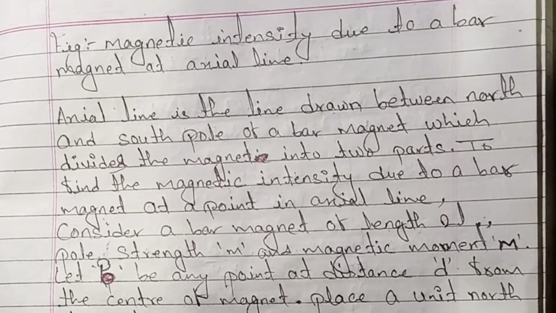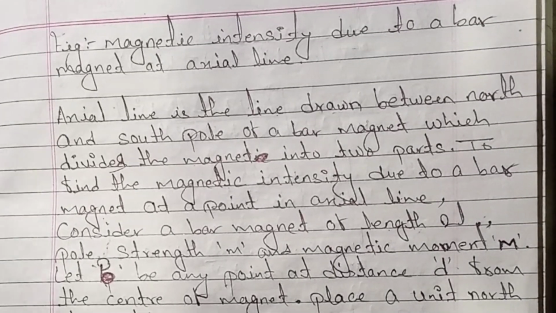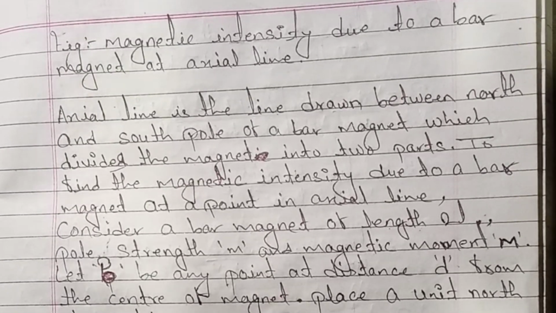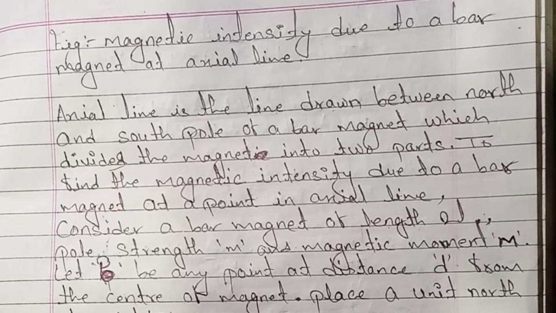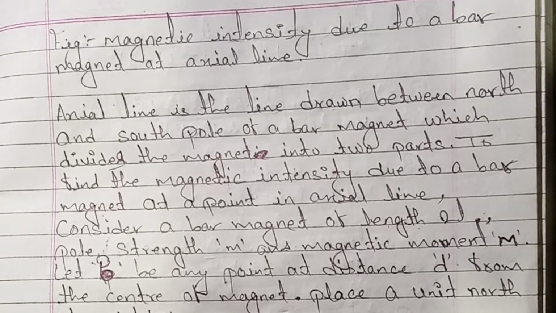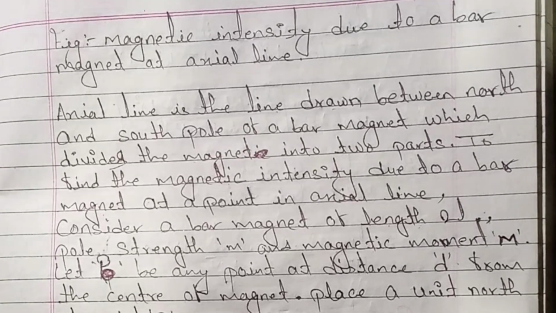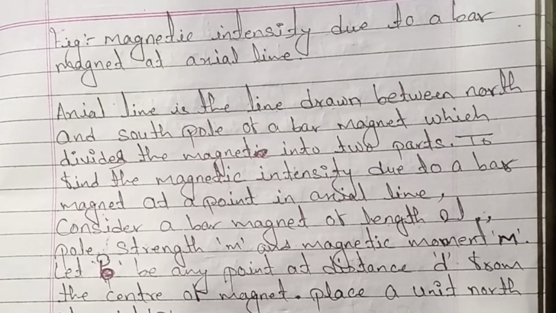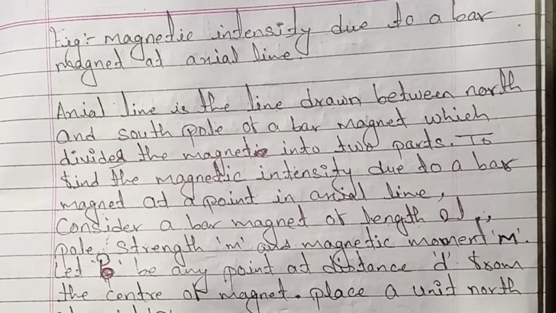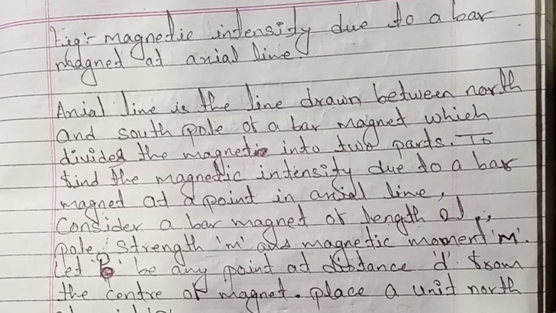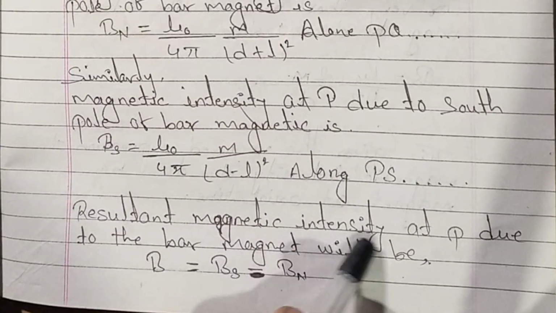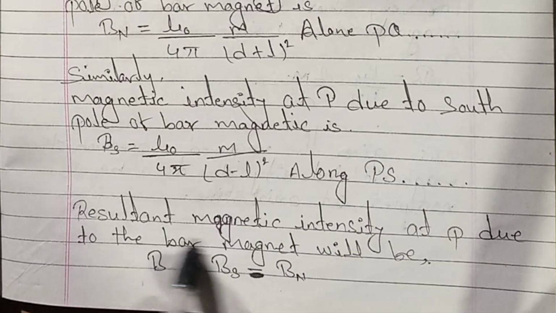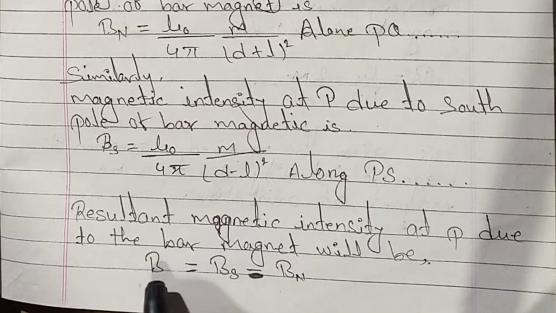Place a unit north pole at point P. Magnetic intensity at the point due to the north pole of the bar magnet is given by this formula. Similarly, the magnetic intensity at P due to the south pole is given by this formula.